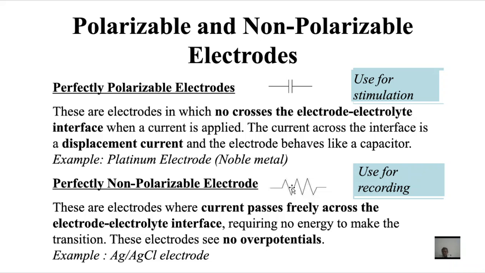So this is called polarization: the ions gathering on one side, either the metal side or the electrolyte side. It may be positive ions or it may be negative ions. That is called polarization, so the polarization that takes place in the electrode is called polarization in electrode.